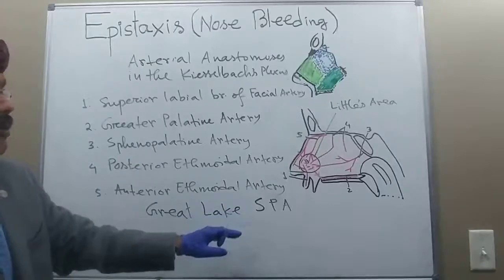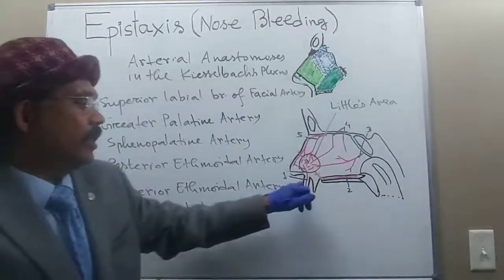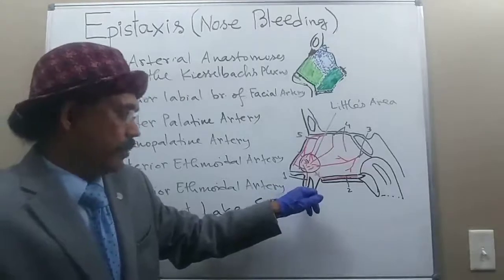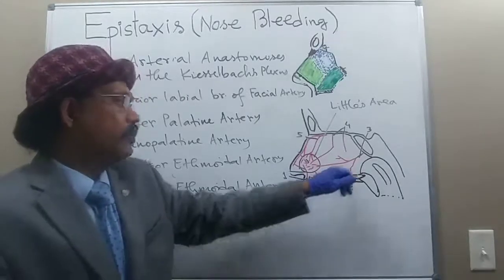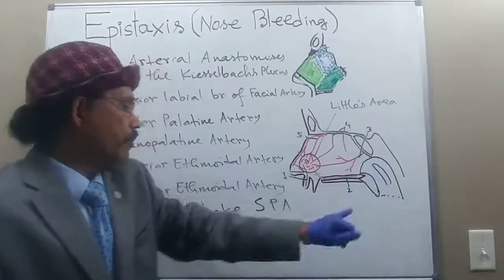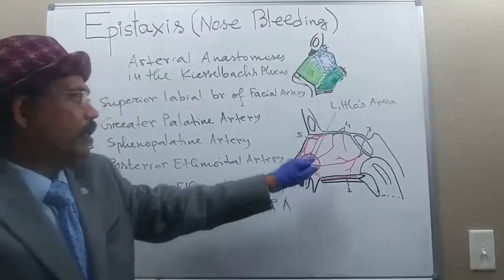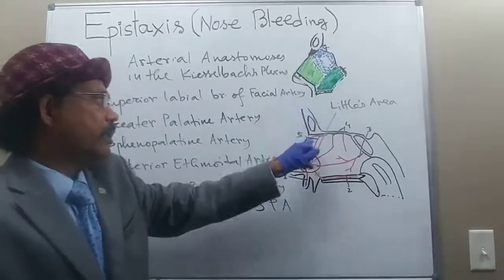Great means greater palatine artery. Lake means the superior labial branch of the facial artery. SPA is the sphenopalatine artery, a branch of the maxillary artery, then the posterior ethmoidal artery, a branch of the ophthalmic artery, a branch of the internal carotid artery.